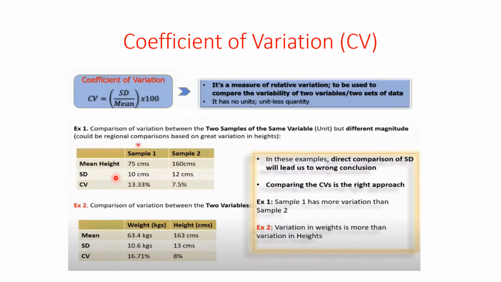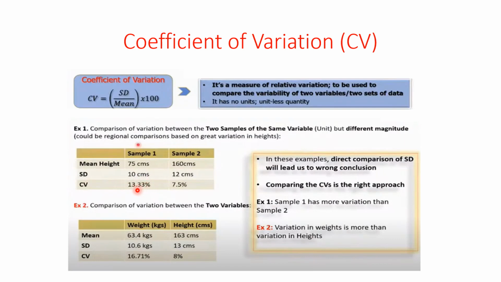Standard deviation is the absolute deviation around the mean, and we talk in terms of the spread of the data around the mean. Here we are talking of a coefficient of variation where we are dividing the standard deviation by the mean itself. So when we do this, this actually turns out to be a unitless number. This unitless number helps us make a cross-sample comparison.